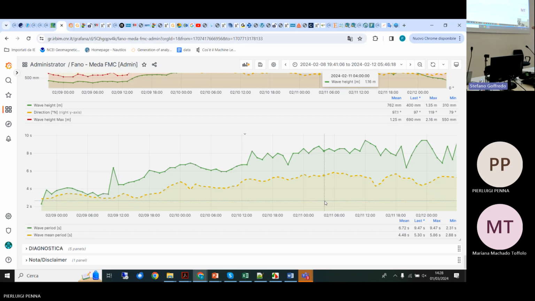This is the point that is 4 kilometers from here, and data are sampled by the sensor, managed by the acquisition system, sent to a land station. There are some scripts that visualize in a website.